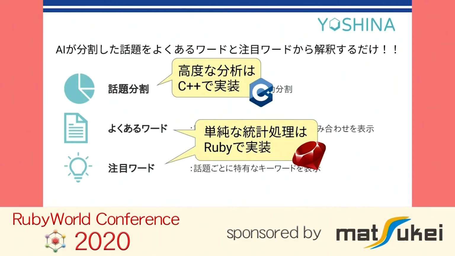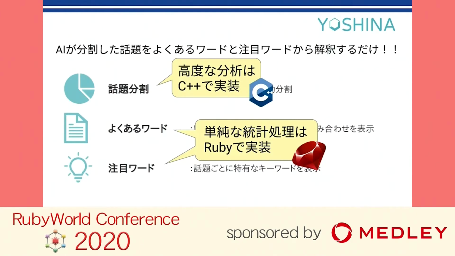The sectioning by the topic model uses machine learning. Therefore, this is a high-level analysis. In order to speed up the implementation, we use C++. And for frequent and popular words, this can be done with simple statistical processing, so this part is implemented in Ruby.